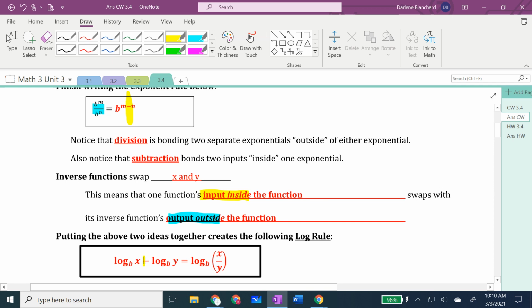Outside, with two separate logarithms, where logarithms are themselves exponents, if you have two logarithms that are separated by subtraction, that can be condensed into one logarithm, where the operation inside that logarithm is division, where division was outside the two separate exponentials.